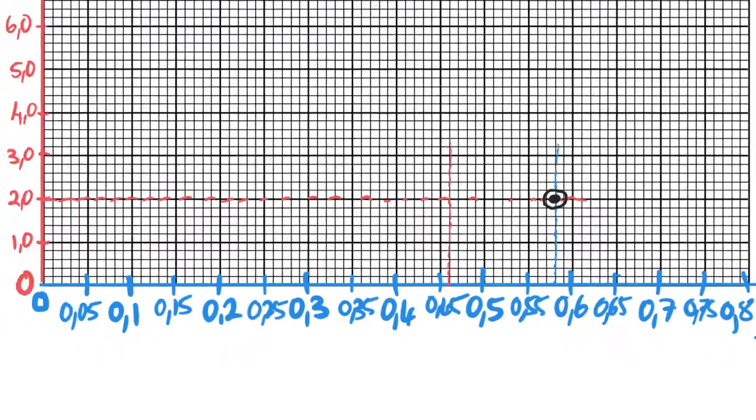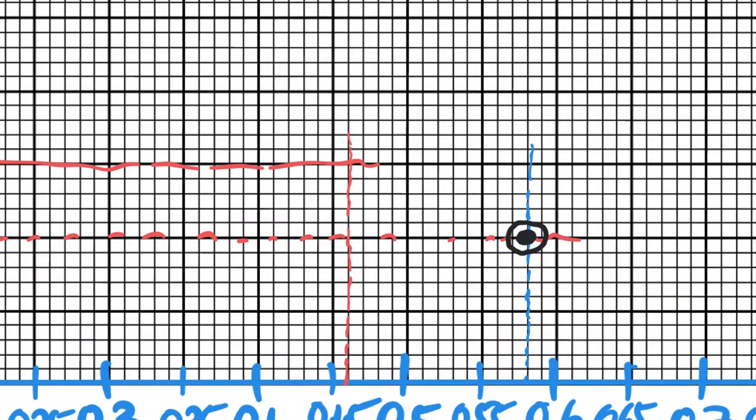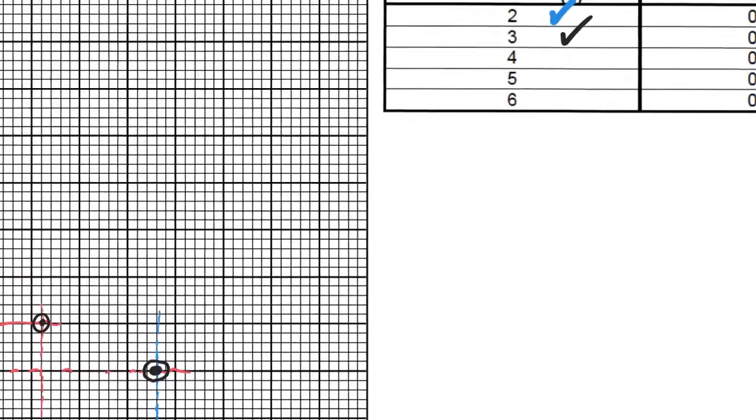And then we go to the voltage axis and we extend there 3, and where they intersect, that is where the data point is, with the region of uncertainty around it. So we've done that one.